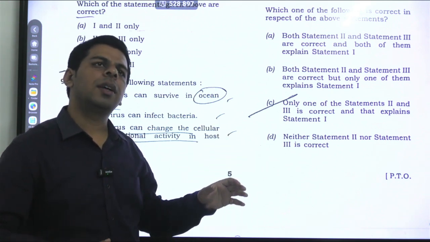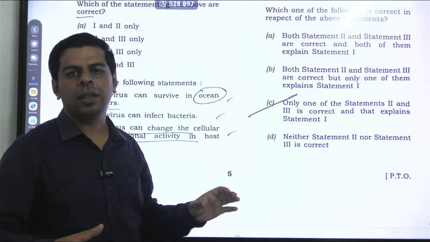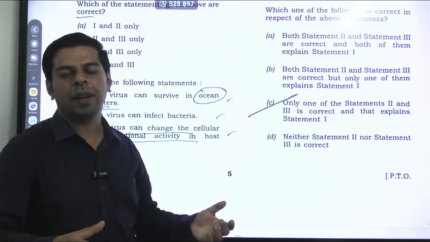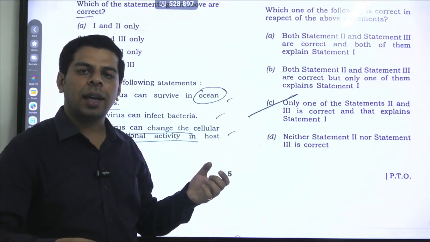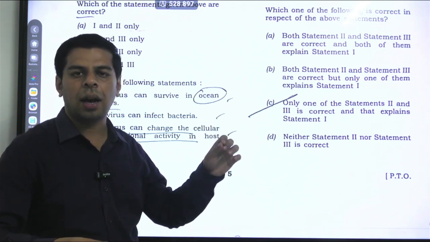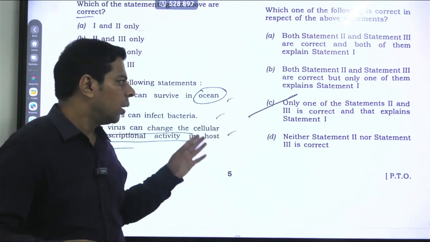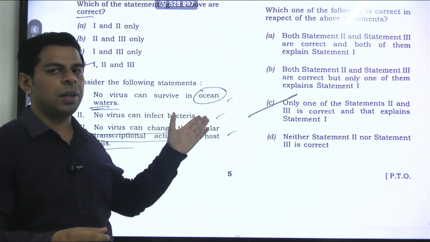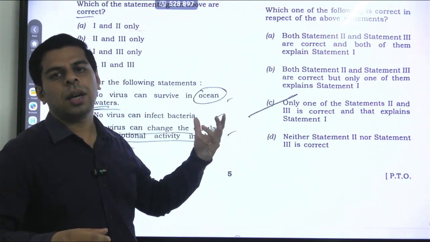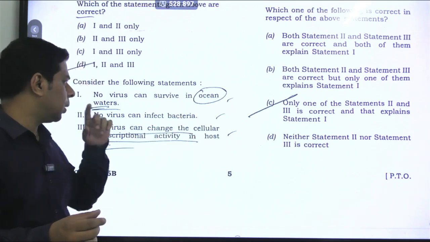And even if we do not consider the larger organisms, it is dominated by phytoplankton and zooplankton, different types of algae. And virus is an obligate parasite. It does not leave any small or large organism. So the first statement is a blunder, because if there was no life in the ocean, then probably we might have associated with this. The first one is easily eliminated.